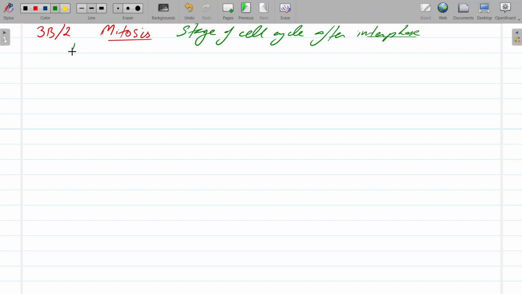It is also sometimes called the M phase, M meaning mitosis. And we'll see, obviously, there's a lot of activity going on in the cell, and a lot of ATP is produced and utilized.